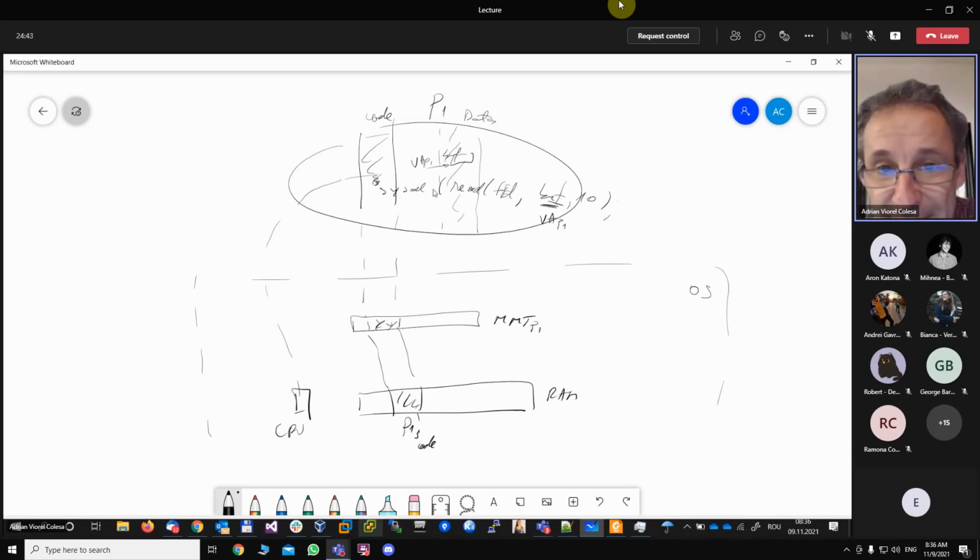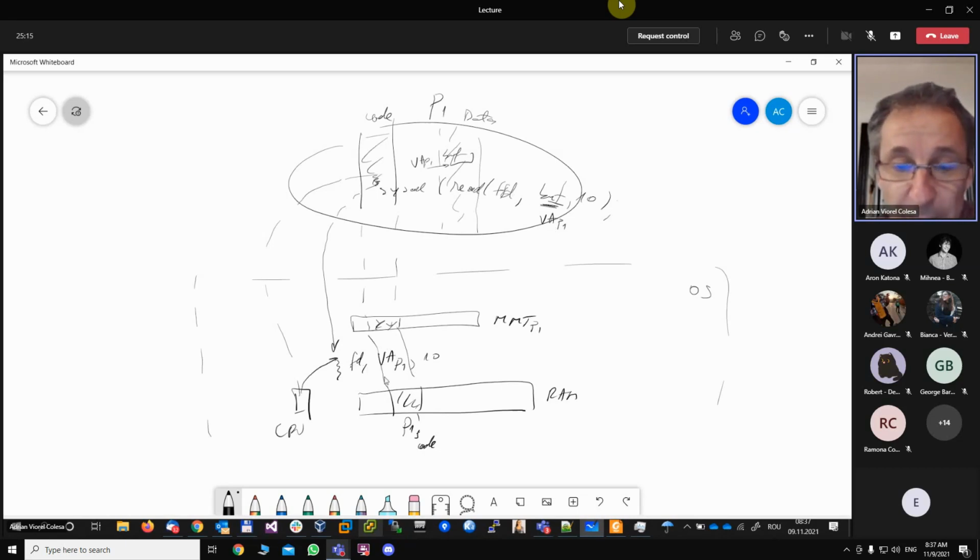If such a parameter is given to the operating system, now the CPU will switch, based on this system call, into the operating system, letting the OS handle the system call. The parameters of that system call are the file descriptor, the buffer's address, a virtual address inside P1's virtual address space, and the number of bytes that should be read.